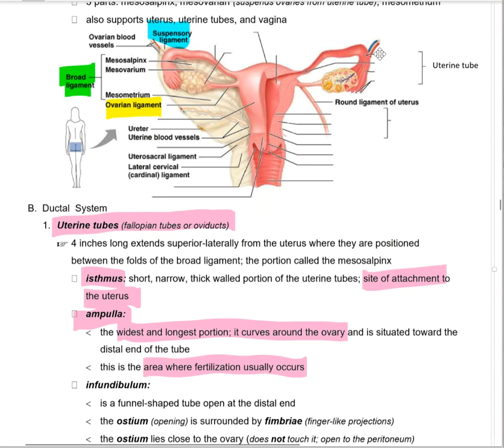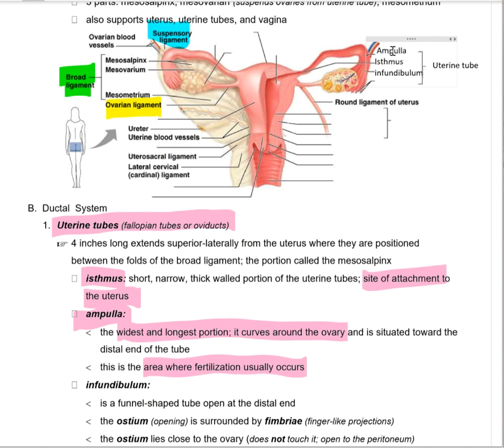Okay, so if we kind of start putting these in order, we have ampulla, and then we have the isthmus right there. And then we have what's called the infundibulum. And this is the funnel-shaped opening at the distal end.